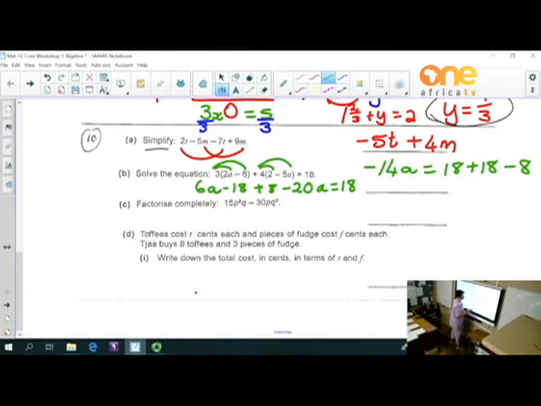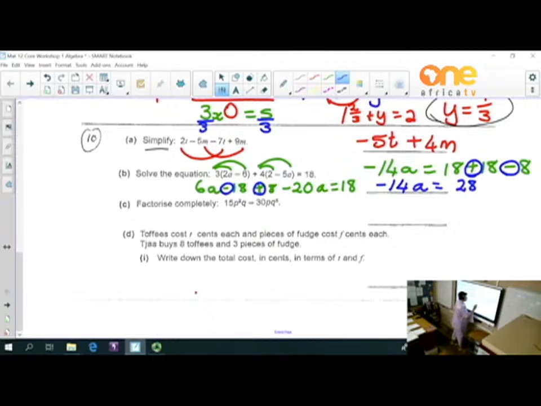When you take it over, you change the signs. So these two signs have changed here. Then if you add 18 plus 18 minus 8, we have 28. So negative 14a is equal to 28.